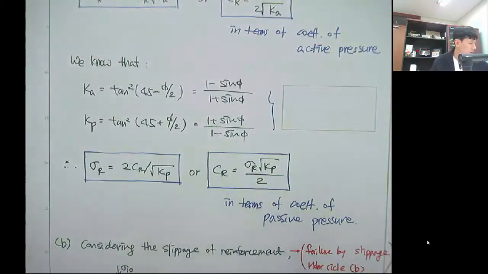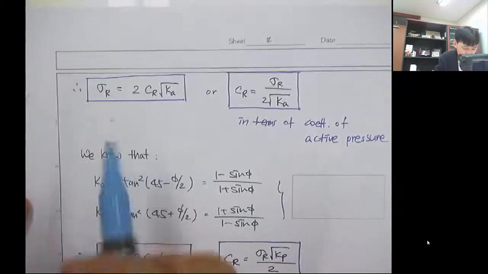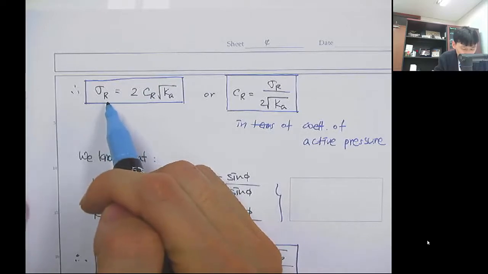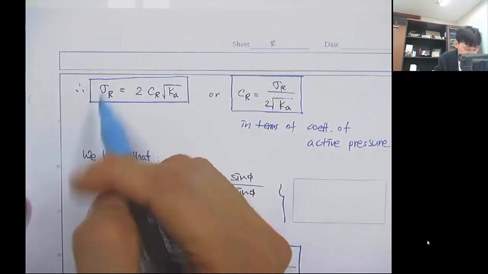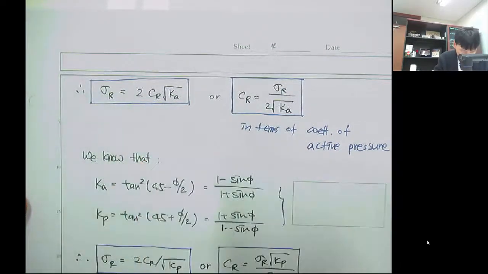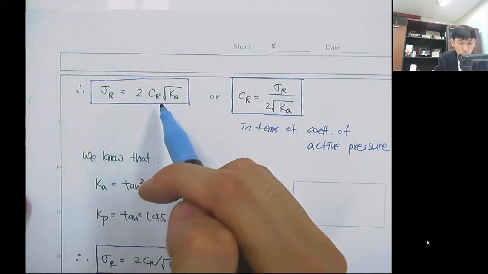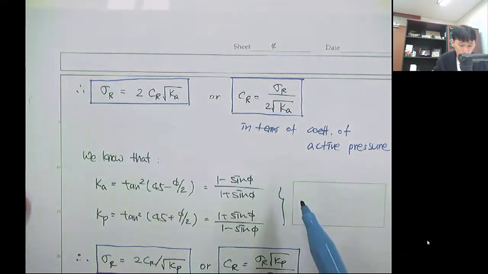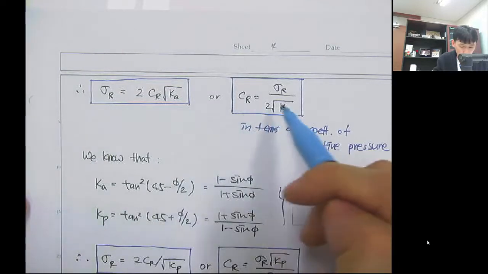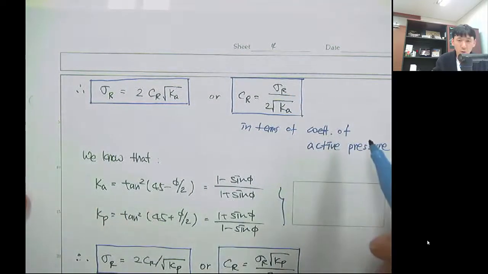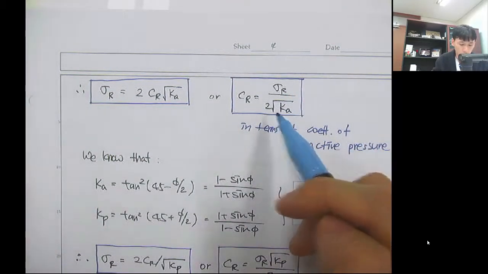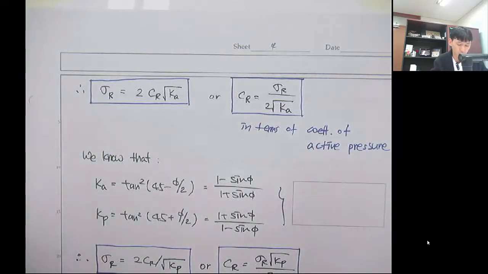The equation becomes much simpler. Now sigma r, the reinforcement stress, is 2 times Cr square root of Ka, or Cr can be expressed in terms of the reinforcement stress and the active coefficient of lateral pressure.